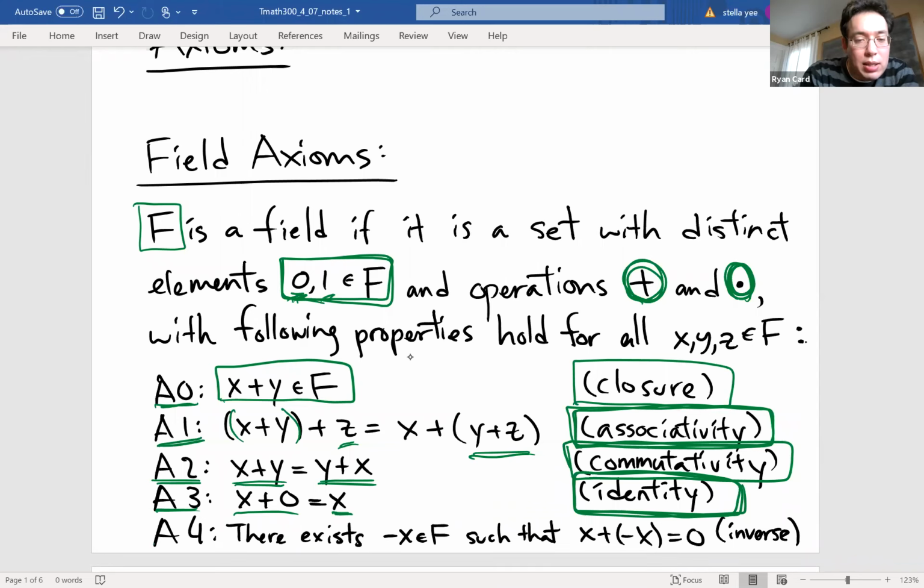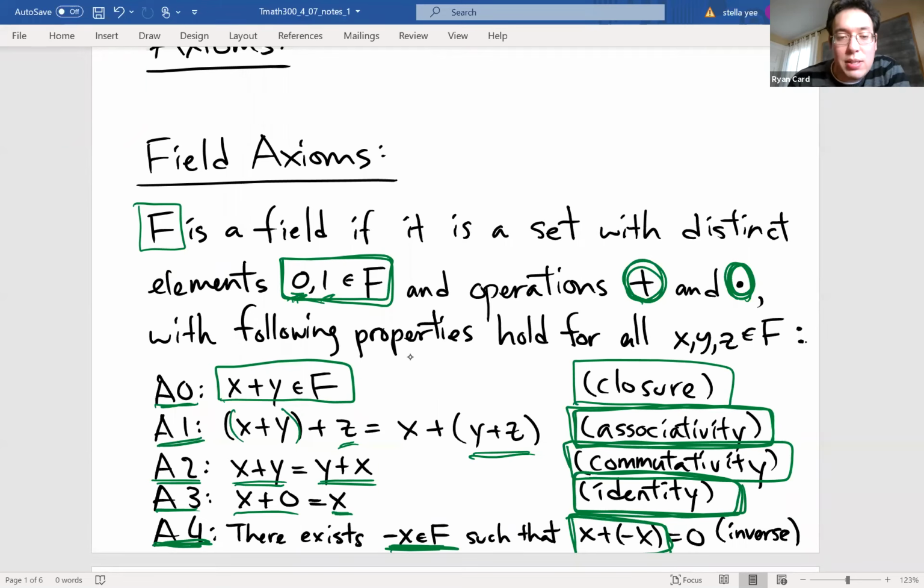And the last axiom for addition is that for any element x, there exists what's called negative x, which is the additive inverse. So what I mean by additive inverse is that x plus the additive inverse of x will always give you the 0, the additive identity.